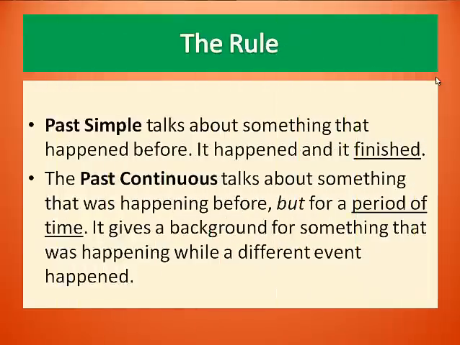The rule. Past simple talks about something that happened before. It happened and it finished. The past continuous talks about something that was happening before, but for a period of time. It gives a background for something that was happening while a different event happened. Think about it for a moment.